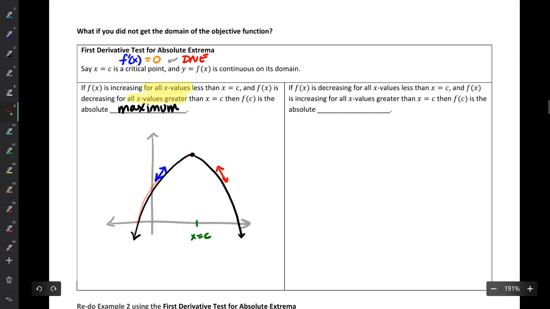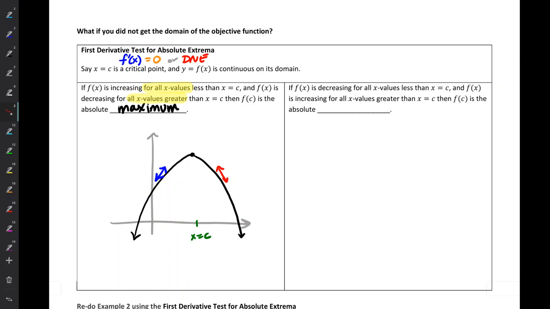There's never a place where we're not turning around. Nothing like that is happening, because this function is increasing, then decreasing, then increasing again. No, this function is always increasing for x values less than c, and then it's always decreasing for x values greater than c.